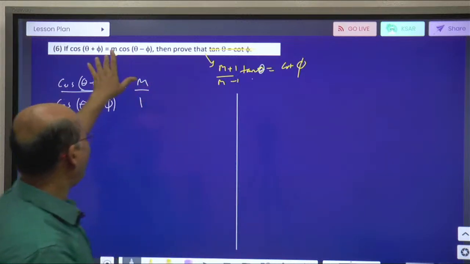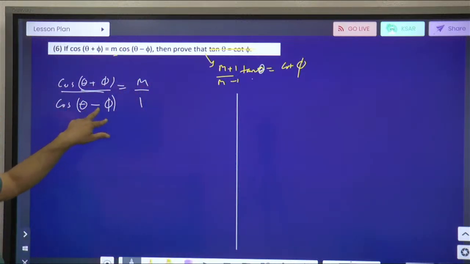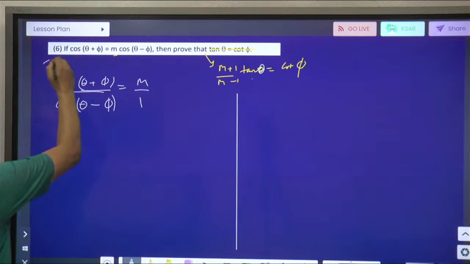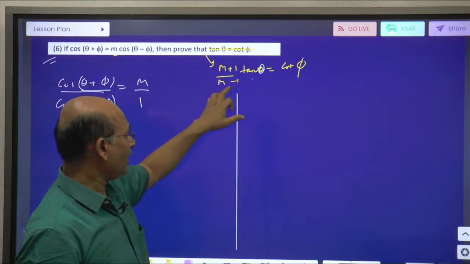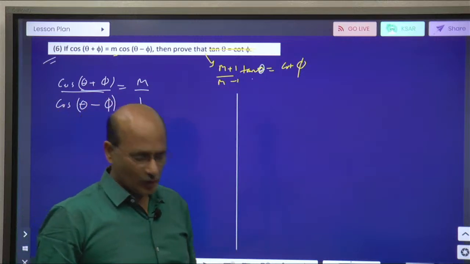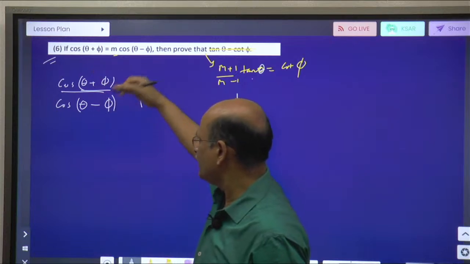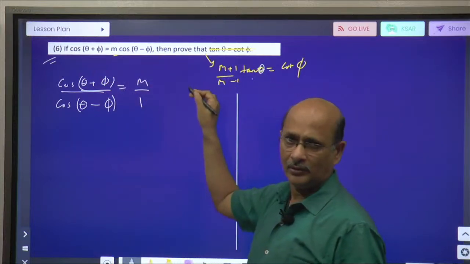I should have taken A and B; easily you would have understood this because the notations are very similar. Anyway, coming to the point, this is the given information, so I separated m. Now I want m plus 1 and m minus 1. In class 10, there are two ratios, a upon b is equal to c upon d, and I want m plus 1 upon m minus 1.